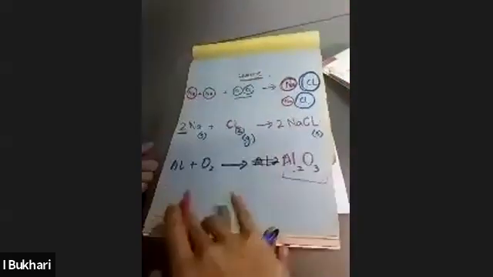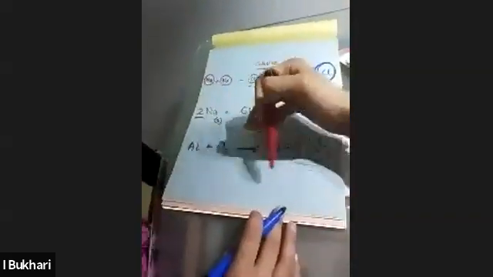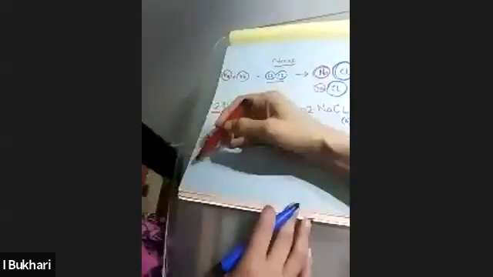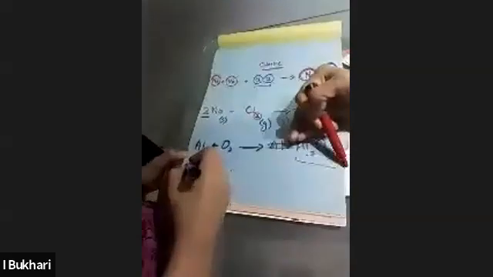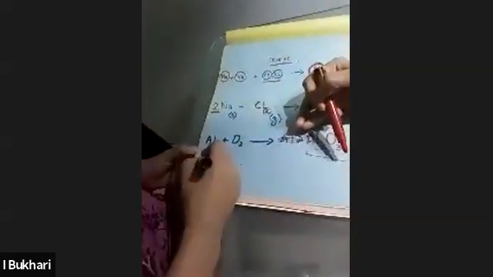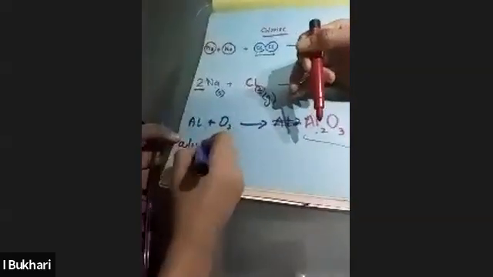But this is a symbol equation. You wrote down the symbol equation. Now write down the word equation. Write down the spelling for aluminium, oxygen, and then aluminium oxide. Be fast, only 4 minutes are left.